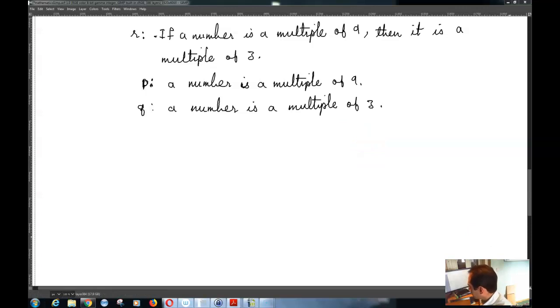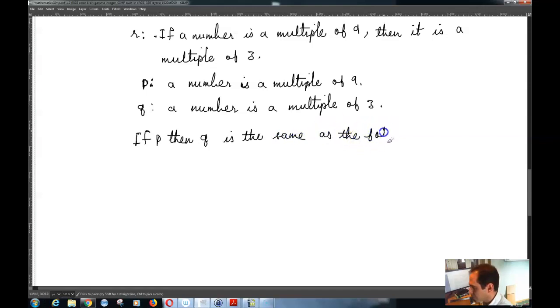Now if that is the case, then if P then Q is the same as the following. Maybe the first time you would not accept it logically, but if you just let it sink in for a while, you will understand it.